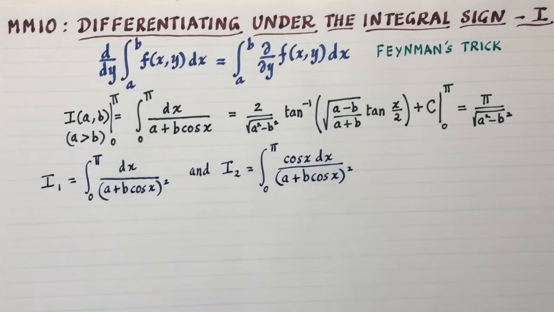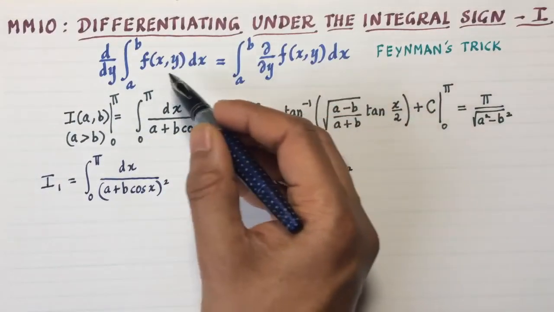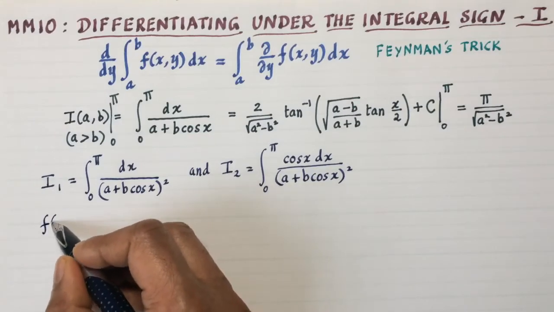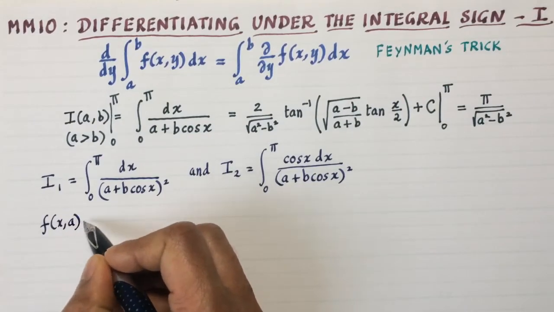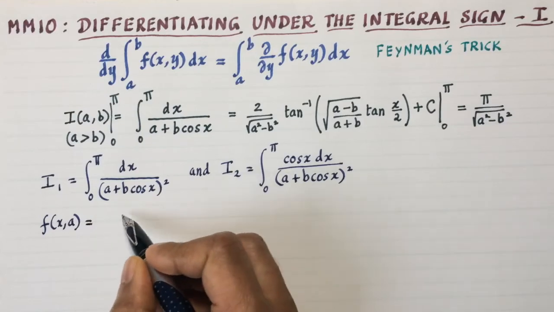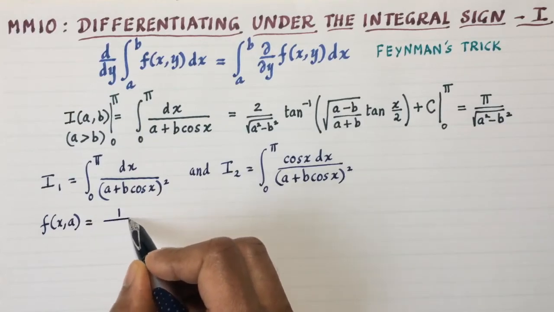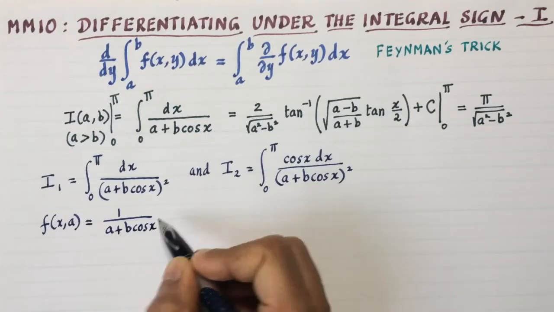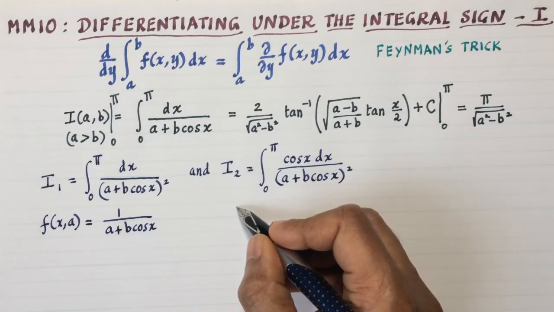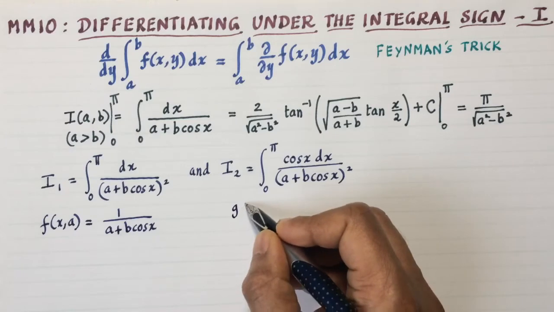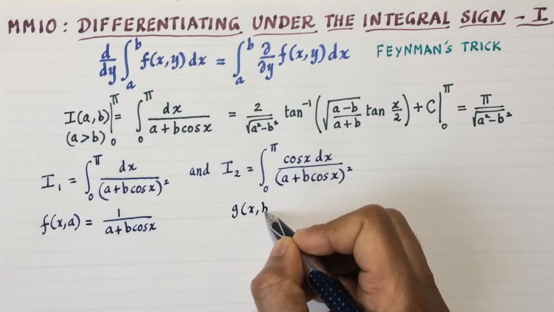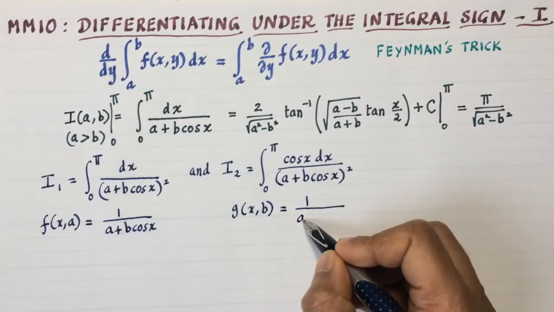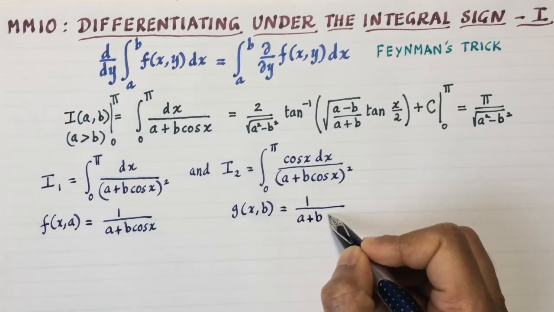Now, just to make sure that you understand the process, I'm going to call the function f of x comma a equal to 1 over a plus b cosine x, and I'm going to call a function g of x comma b equals 1 over a plus b cosine x.